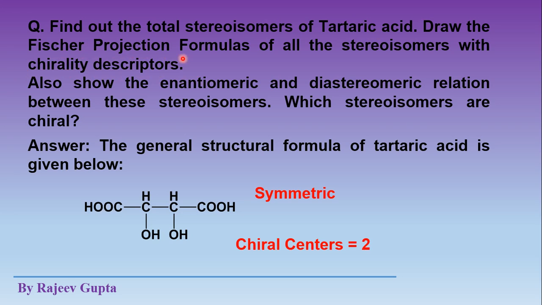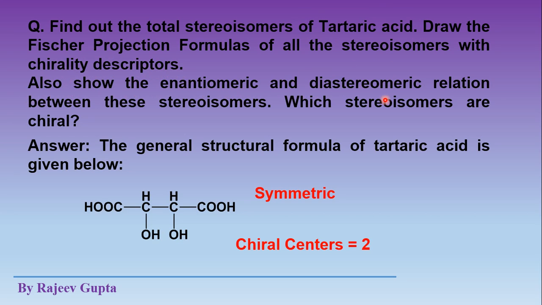Here chirality descriptors are the RS nomenclature, RS configuration, meaning for each chiral center we have to provide a chirality descriptor, R or S. Okay, in tartaric acid there are two chiral centers, so the chirality descriptors will be provided for these two chiral centers in all the stereoisomers.